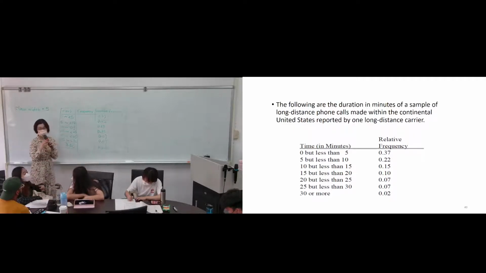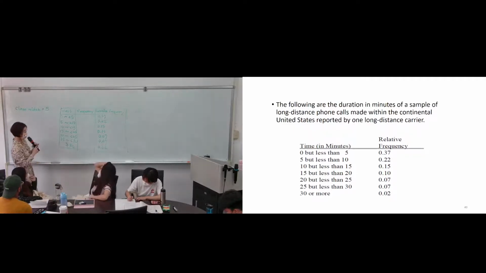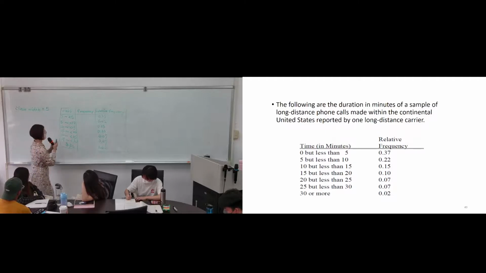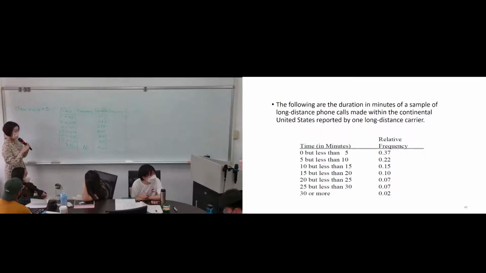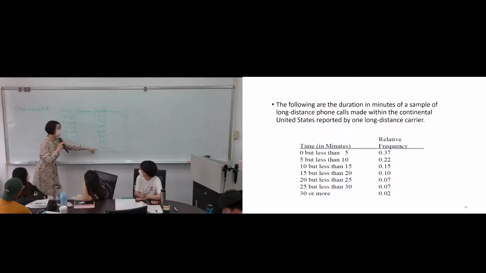The second question says that 10 calls lasted longer than 30 minutes. So now it gives us the information about the frequency for the last class, which is 10. Here comes the question. How do we obtain the relative frequency 0.02?